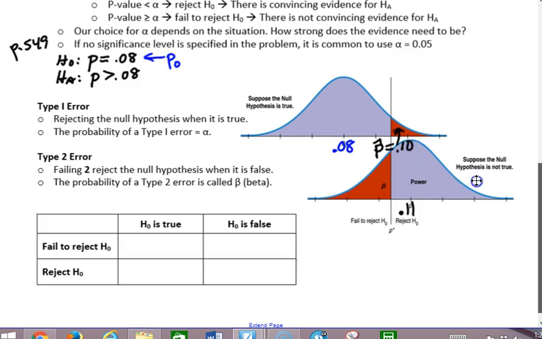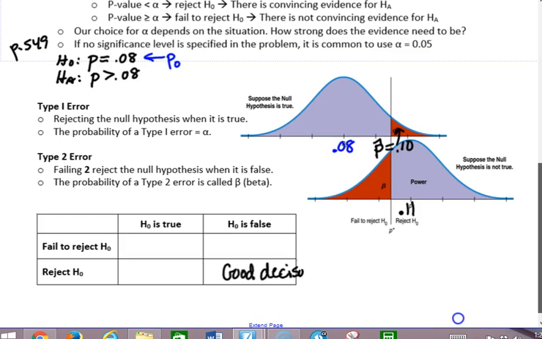If the null hypothesis is not true and there's really 11% bad potatoes, and I get a sample proportion of 10% and I reject the null hypothesis and say, take those potatoes back, we're not making our potato chips with those, I've made a really good decision. So if we reject the null hypothesis when the null hypothesis is false, that is a good decision.